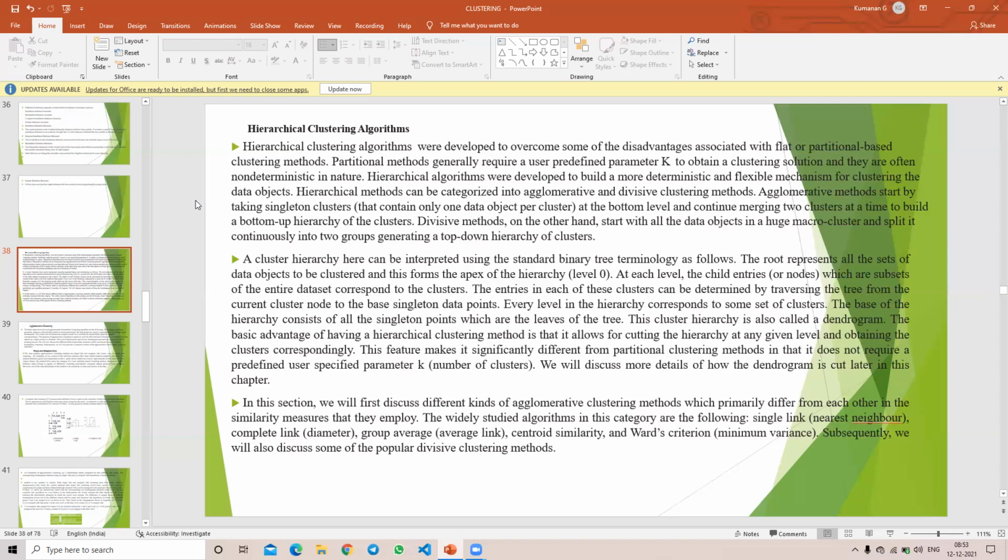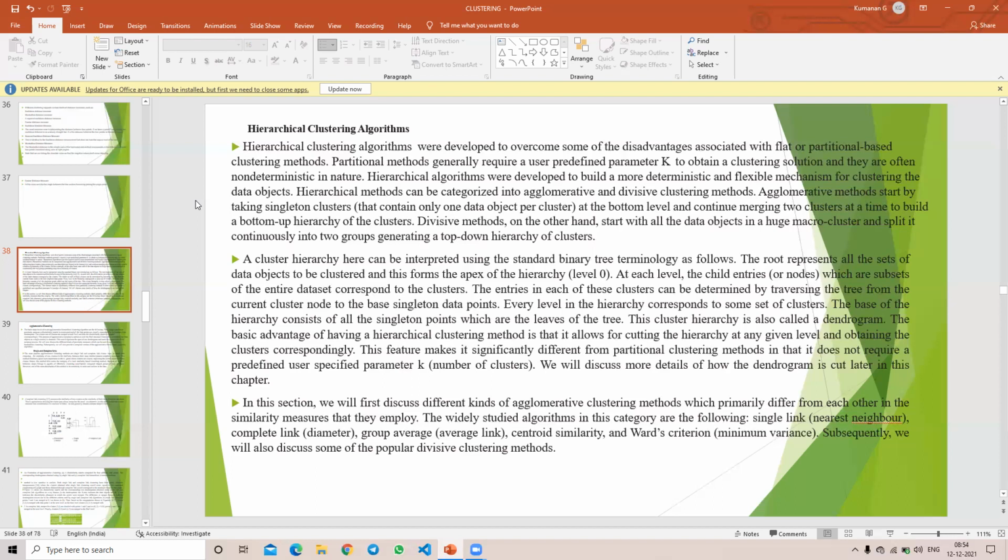The entries in each of these clusters can be determined by traversing the tree from the current cluster node to the base singleton data points. Every level in the hierarchy corresponds to some set of clusters. The base of the hierarchy consists of all the singleton points, which are the leaves of the tree.